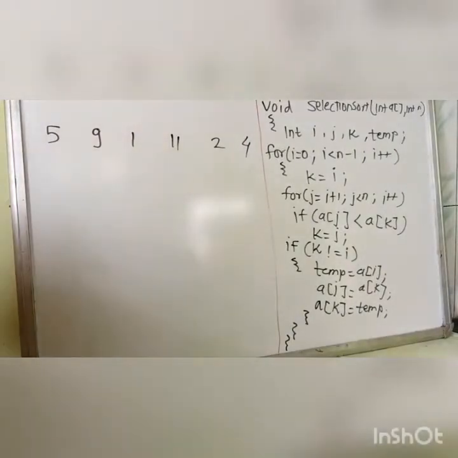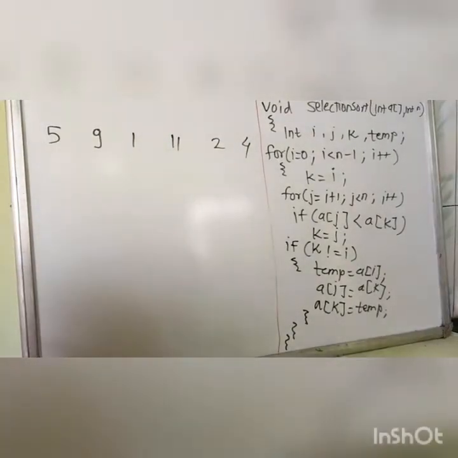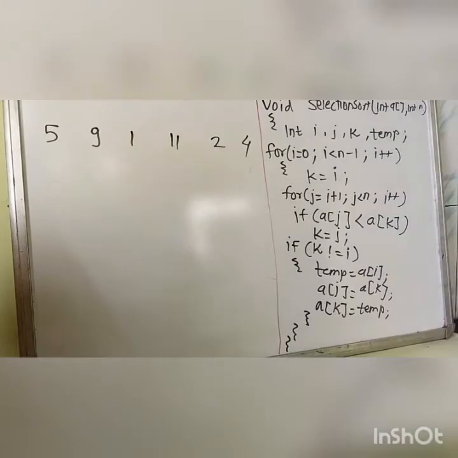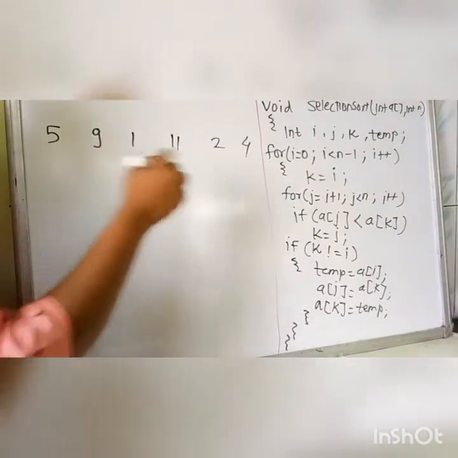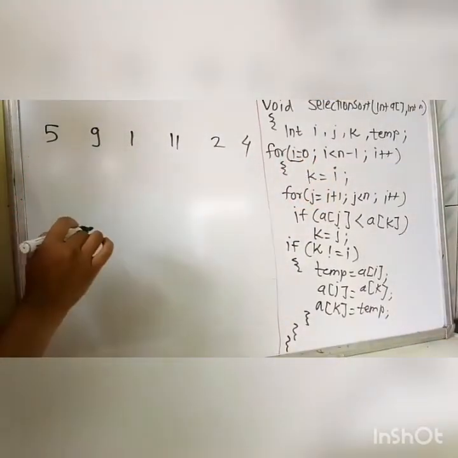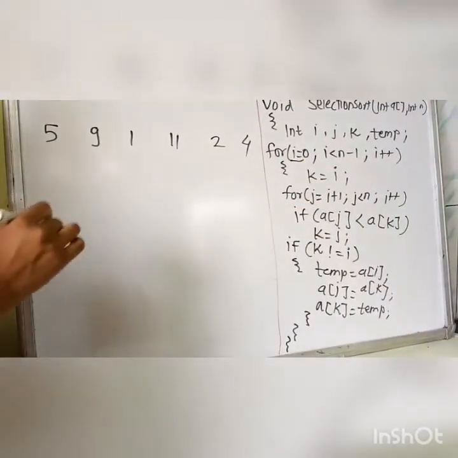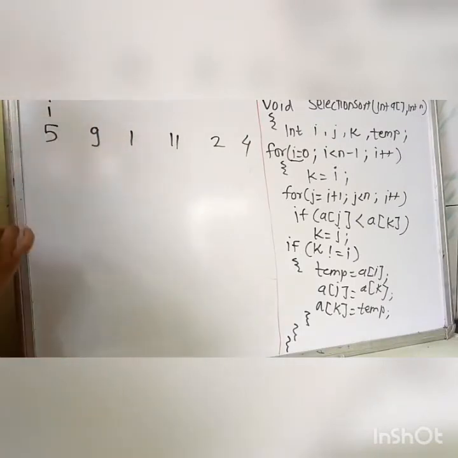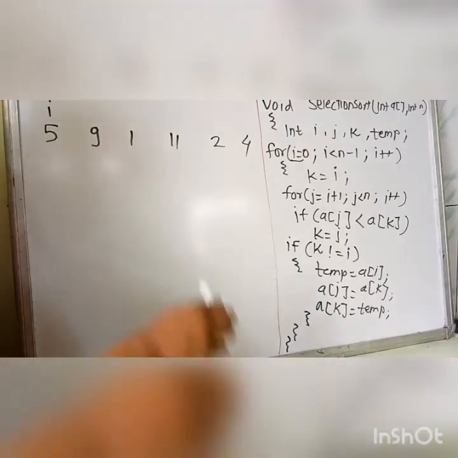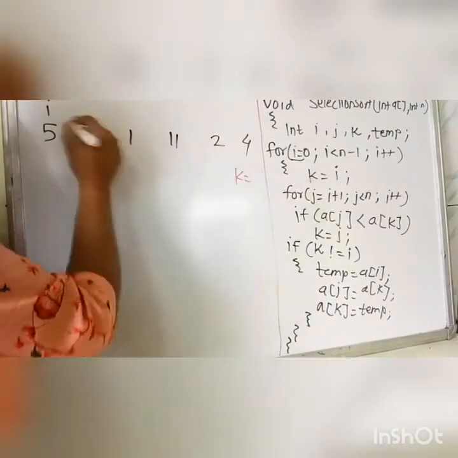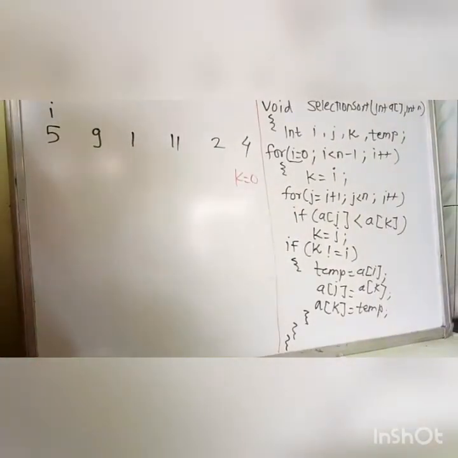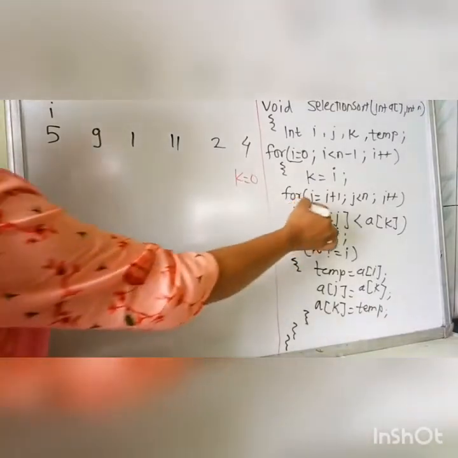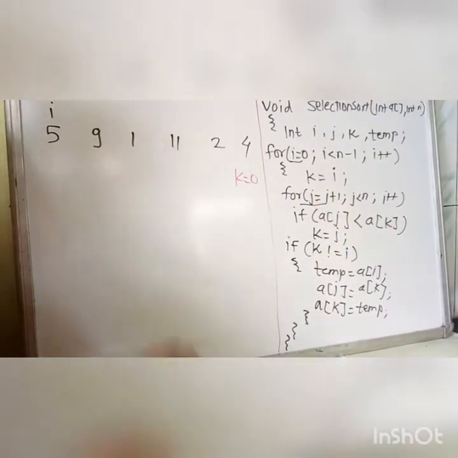By tracing the selection sort function, we come to these steps. Here i equals 0, means the ith index starts from 0, and next we place i into k, means k has the 0th index. Now we start j from i plus 1 position, means j will be here.